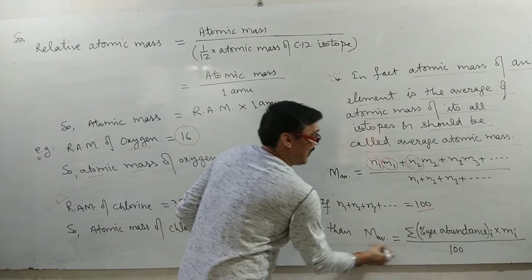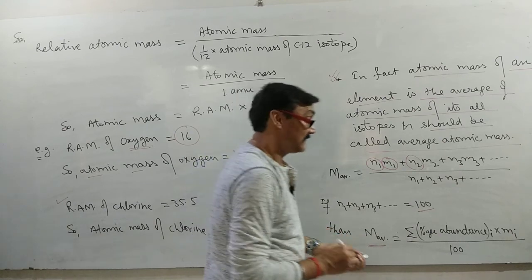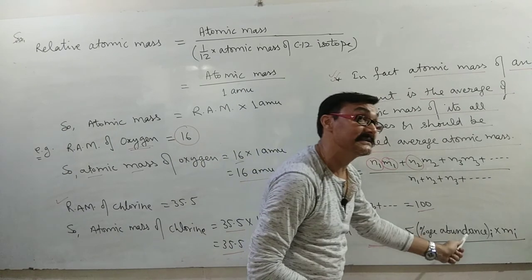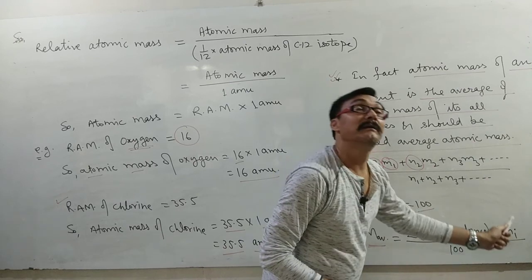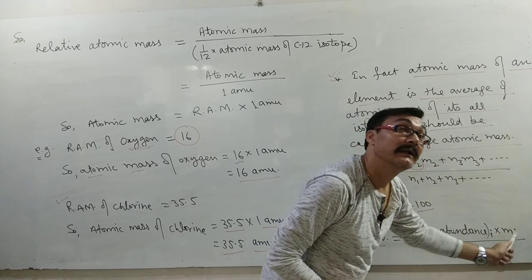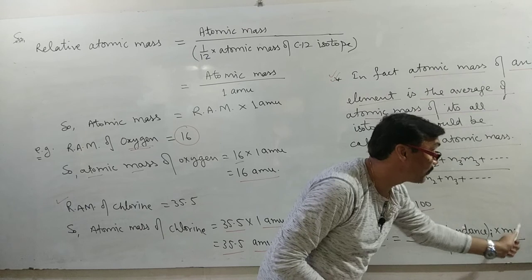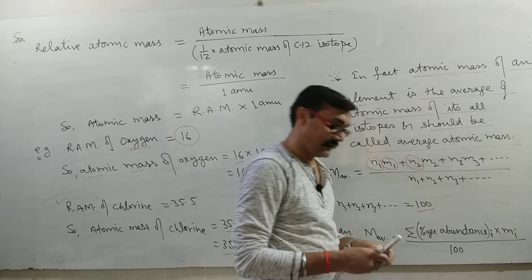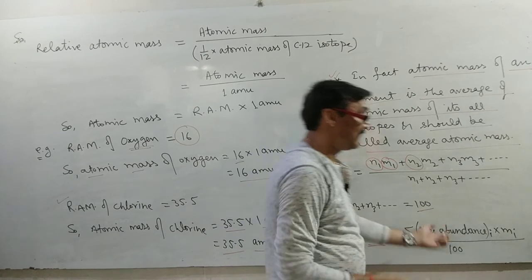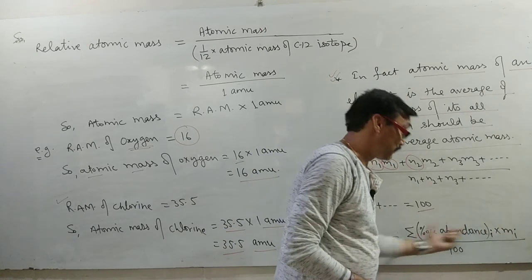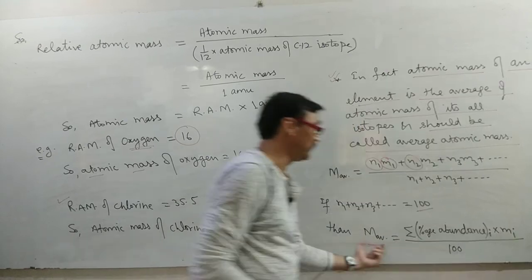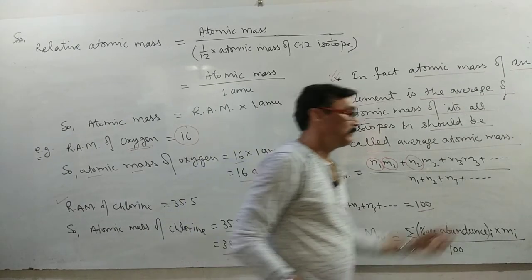Therefore, average atomic mass is equal to the summation of percentage abundance multiplied by molar mass of isotopes, divided by 100. That is, add the products of percentage abundance and molar mass and divide by 100, then you will get the average atomic mass.